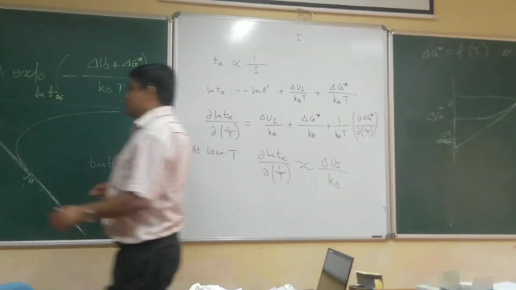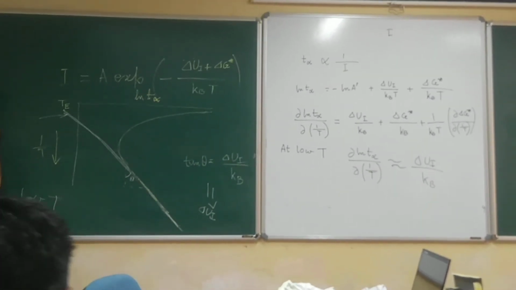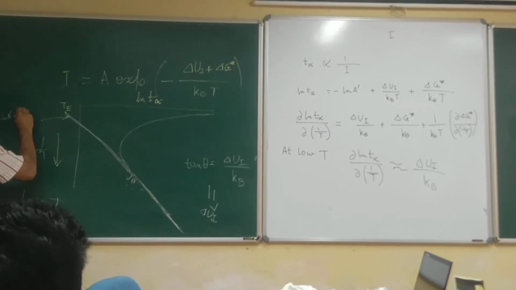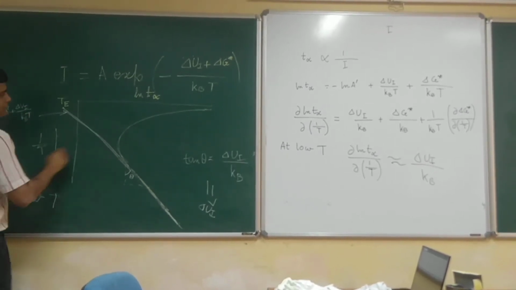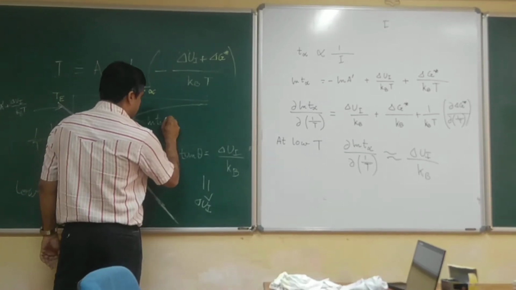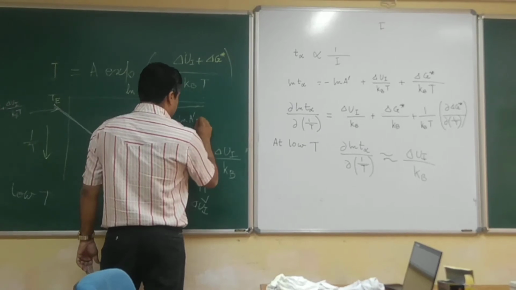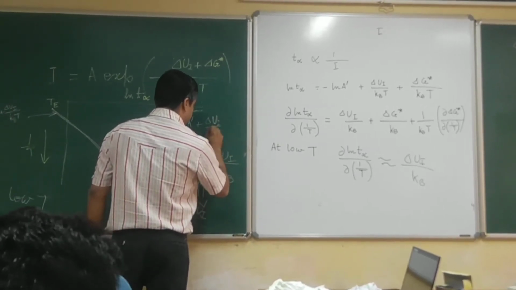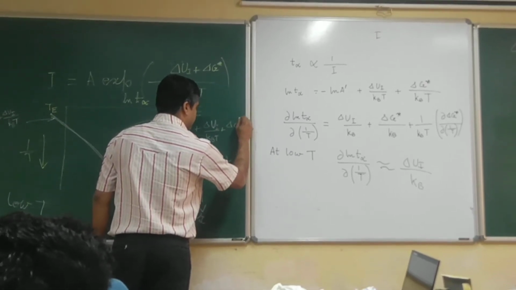So the equation for this line is ln T alpha equal to minus ln A dash plus delta ui over kbt. And the equation of this graph is ln T alpha equal to minus ln A dash plus delta ui over kt plus delta G star over kt.